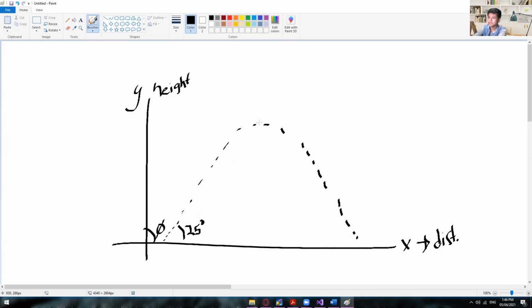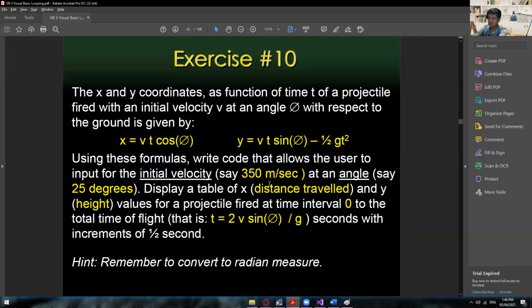So this is the peak value, the maximum height. And then of course it will fall again and eventually reach the ground, and the height now is 0. So that's the logic regarding this one.